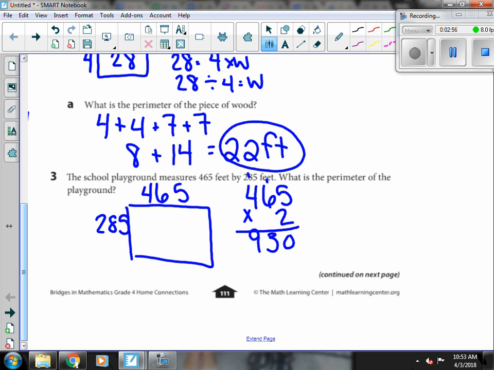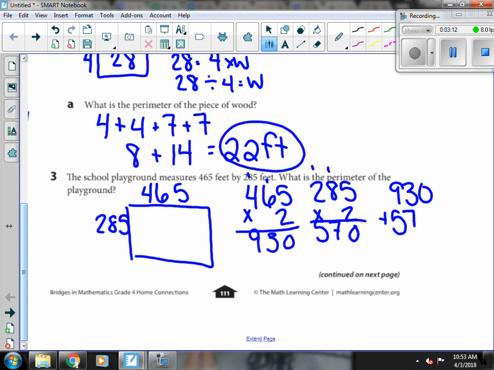And 285 times 2 to get both sides. And then I'm going to put those two together. So 930 plus 570. It's 1,500 feet.